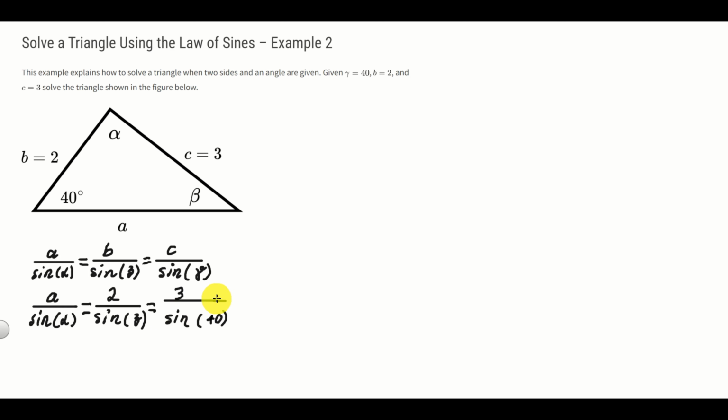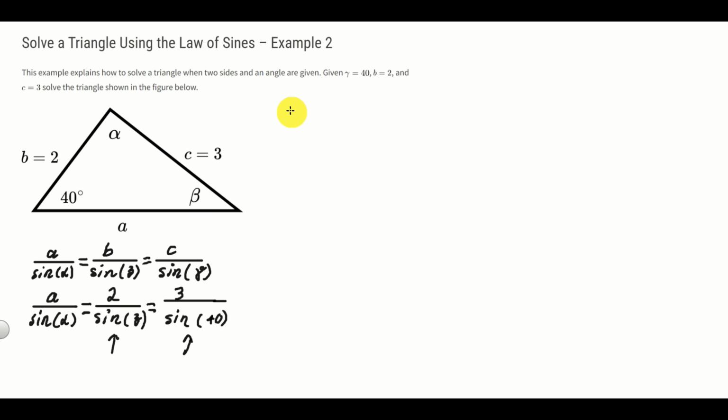Okay, let's see. Over here, both a and alpha are unknown. However, over here we can see that 2 is known, however beta is not known, and over here we can see that 3 over sine 40 are actually known. Consequently, we can compute this fraction. From this part over here and this part over here, we can actually express sine beta. Let's do that.